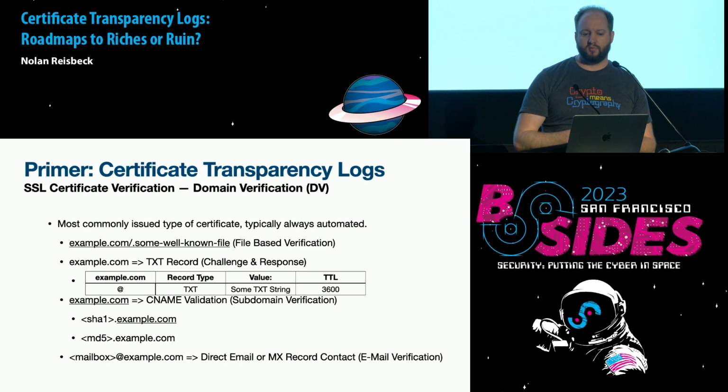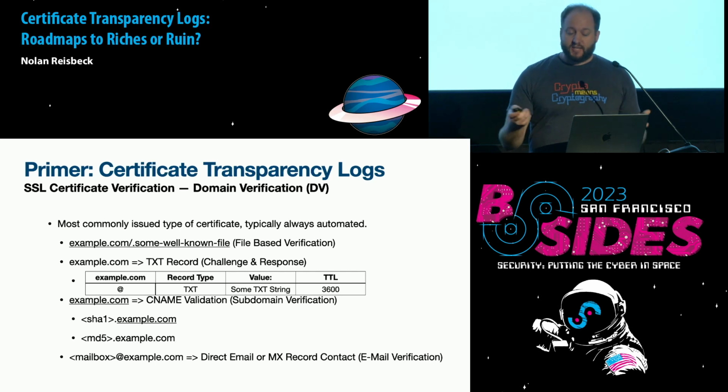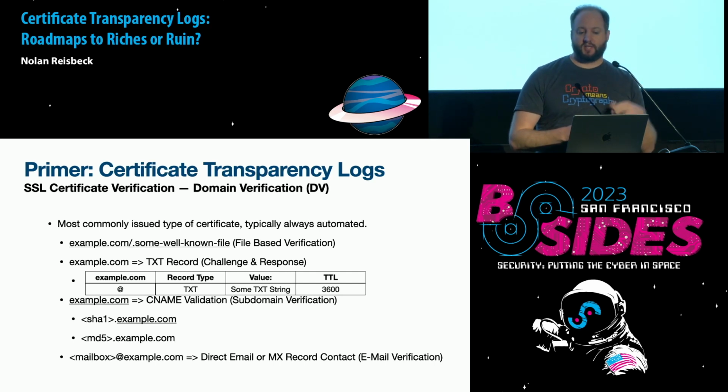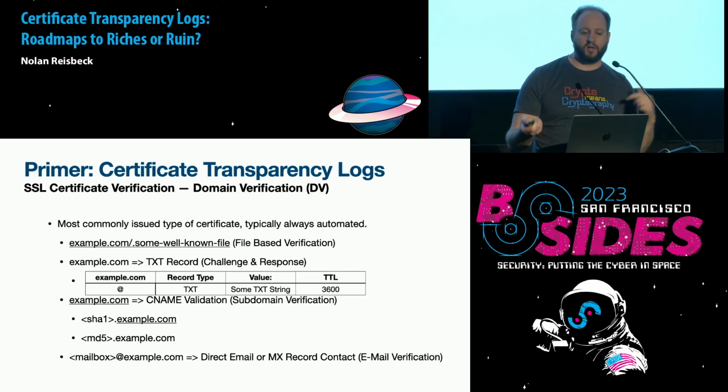You can also demonstrate ownership of the domain that you're requesting via a text record. So that's another DNS record type. Generally speaking, you'll get some sort of random string to plug into the value of that text record.